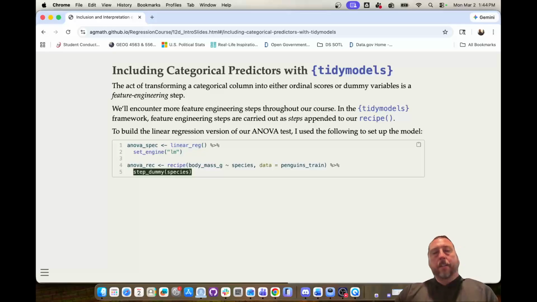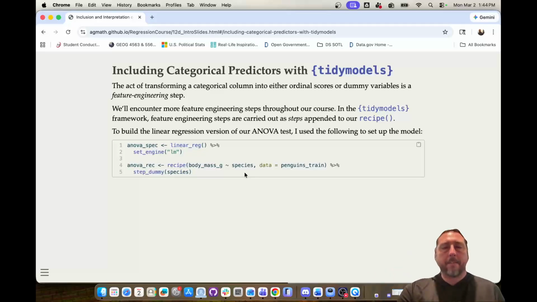By default, this is going to give us a base level. That base level is going to be determined by alphabetical order. So the first category to appear in alphabetical order will be the base level. That category will not appear as a term in our model.